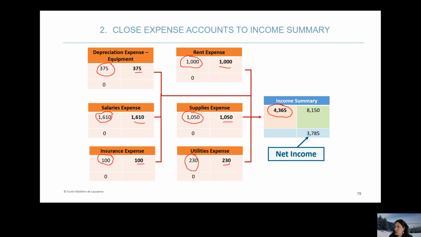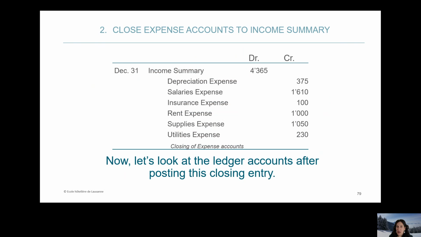Let me show you the journal entry. The income summary has been debited on the previous slide, and my 6 expenses accounts have been credited, have been emptied. Now they're closed and they are ready for a new accounting cycle to start, right?